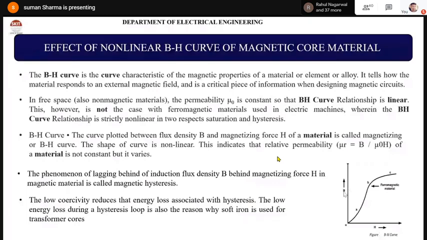So voltage is the reference, current is lagging the voltage by 90 degrees. So here also, if voltage is proportional to B and current is proportional to H, then H is lagging behind B.